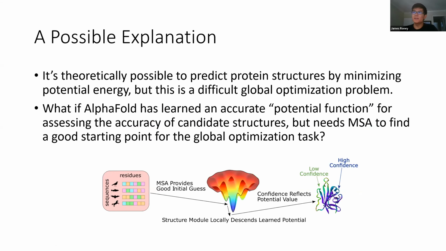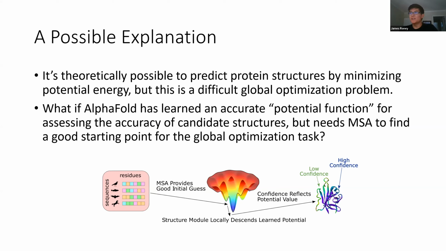In theory, it should be possible to predict protein structures by minimizing that potential energy function over conformational space. But that is a really difficult optimization problem, because there are so many possible conformations of a protein that searching them all, or even a significant subspace, would take a lot of intensive computation.